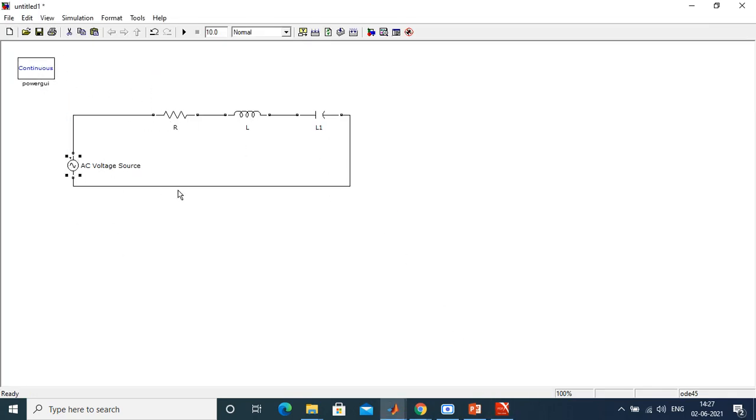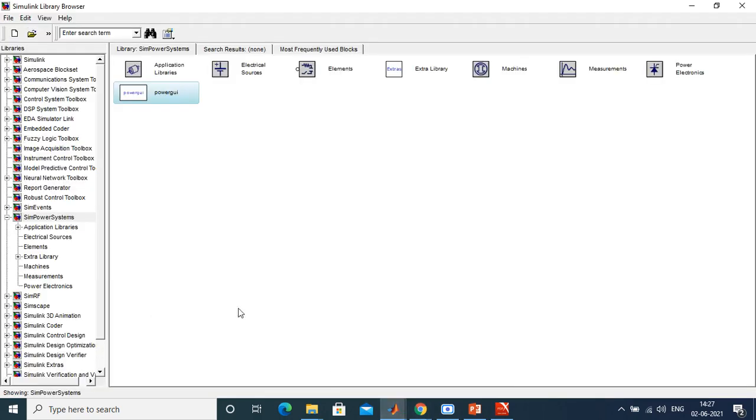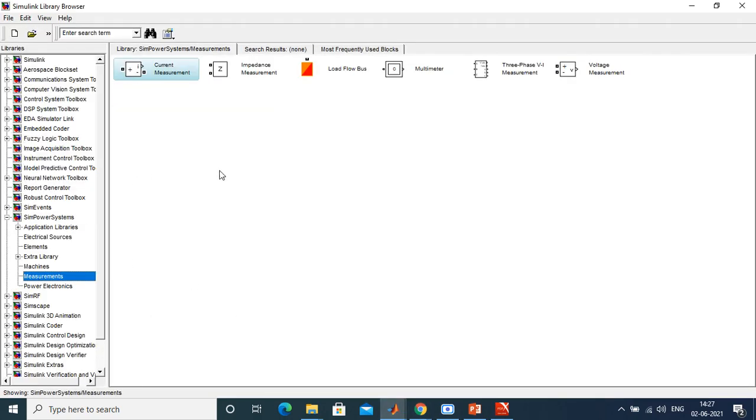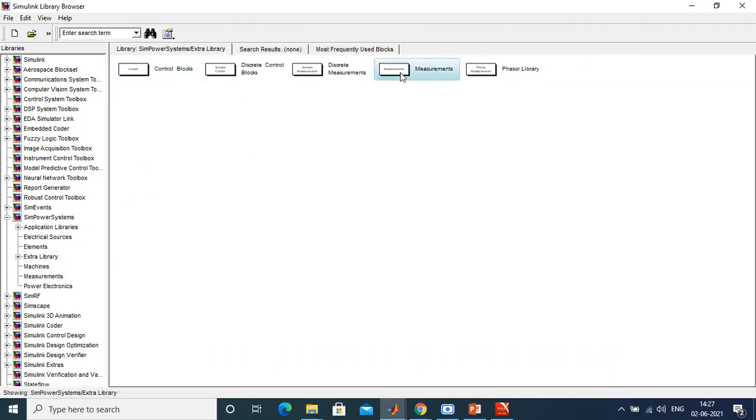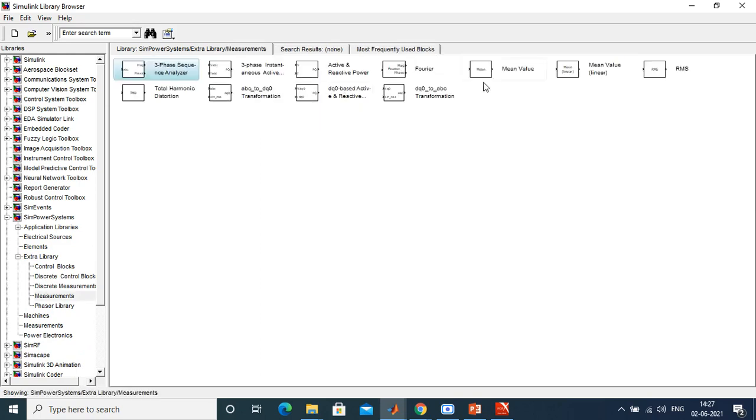Now I need to measure the real and reactive powers. In order to make the real and reactive power measurements, go to the measurements. Here there is no value, so go to the extra library, measurements, here active and reactive power.